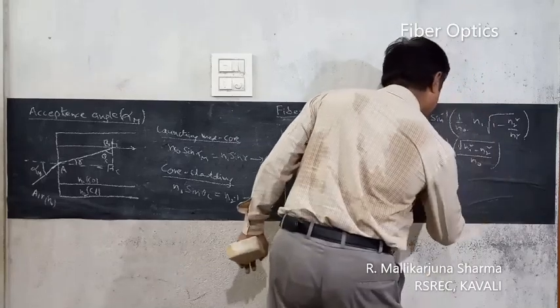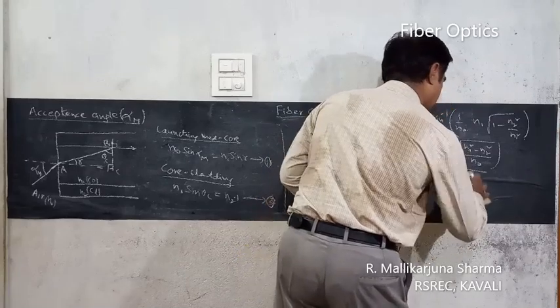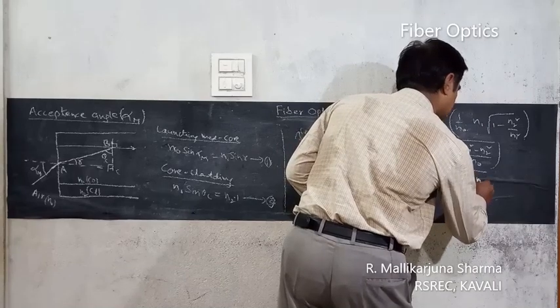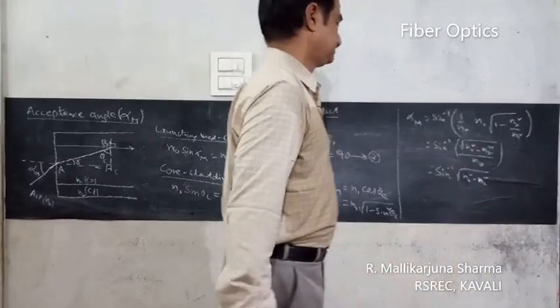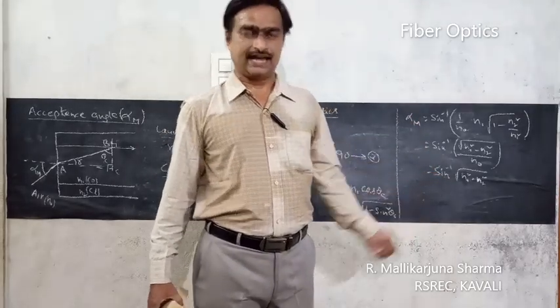As n0 is generally 1, we write this as sin inverse of root of n1 square minus n2 square. This is the expression for the acceptance angle.